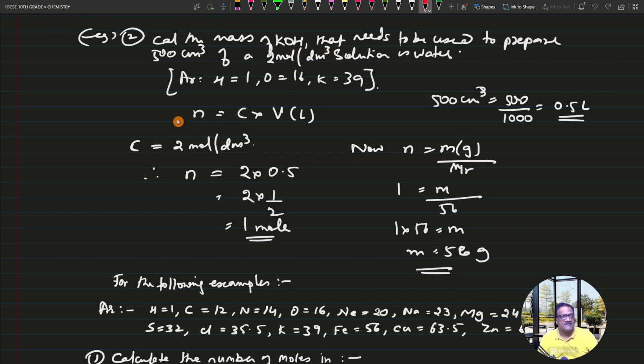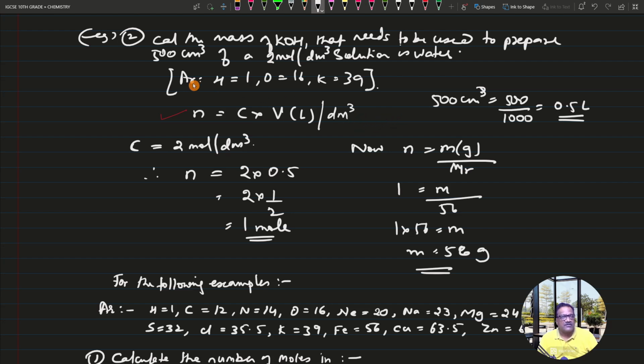Okay, so let us use this formula for mole, that is N is equal to concentration into volume in liters. Now, liters and decimeter cube are one and the same. I have told you this earlier also. Decimeter cube and liter mean one and the same. Fine.